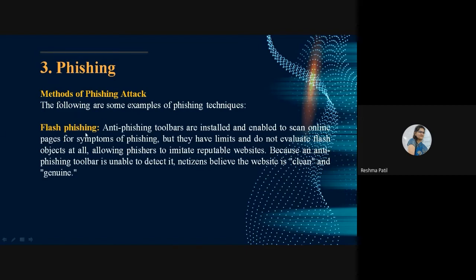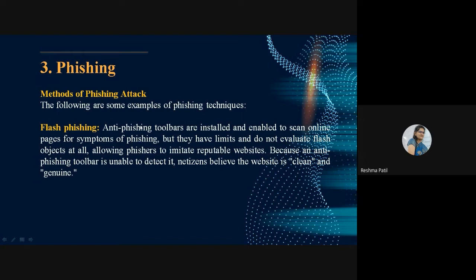Next is flash phishing. The next method of phishing attack is flash phishing. Anti-phishing toolbars are installed and enabled to scan online pages for symptoms of phishing, but they have limits and do not evaluate flash objects at all.